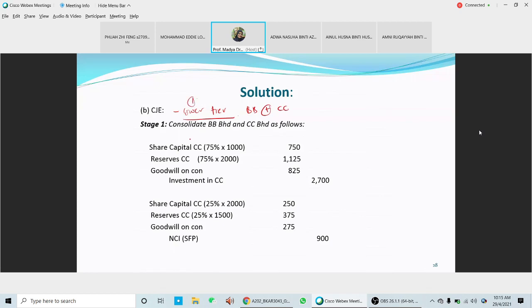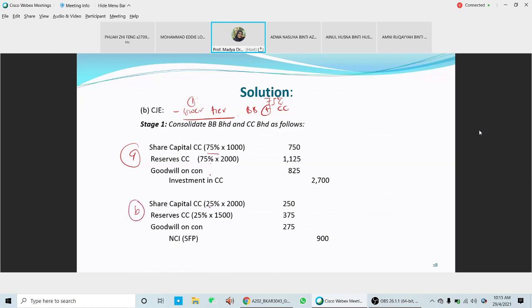B has 75% in C, so 75% times share capital. Reserve is also the same thing, and then goodwill 825 from the calculations that you have here. And then we're going to have investment 2.7.